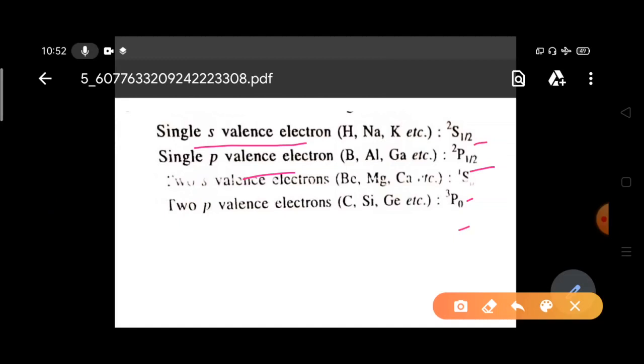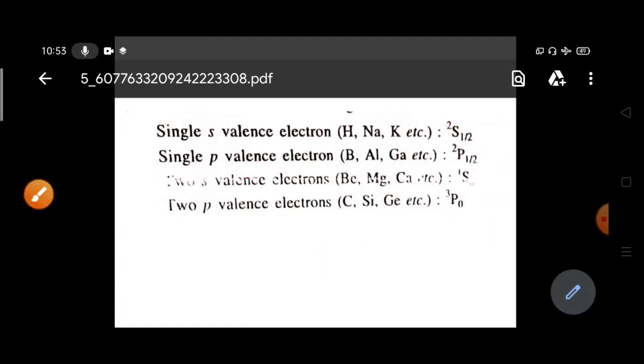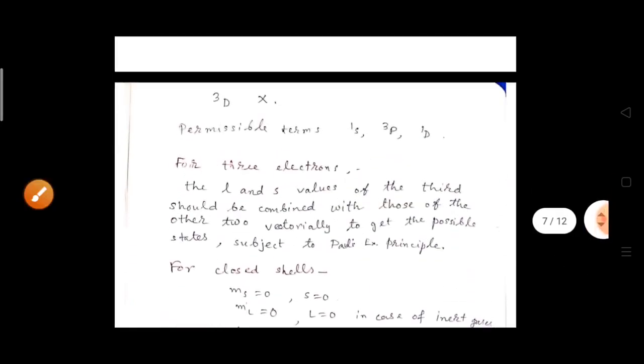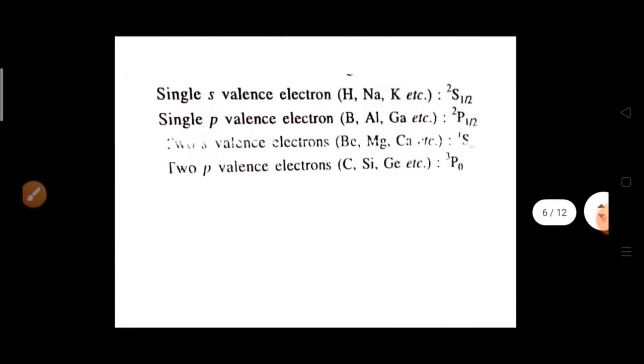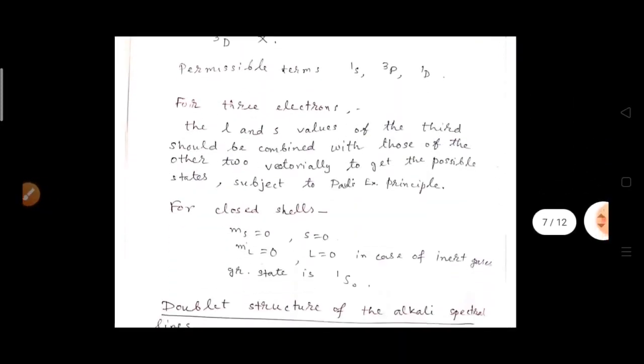That is the most important thing: with the spectroscopic term values or term notation, you are directly getting information about the spin, the multiplicity, the total angular momentum, the L value, or the energy levels of that atom.